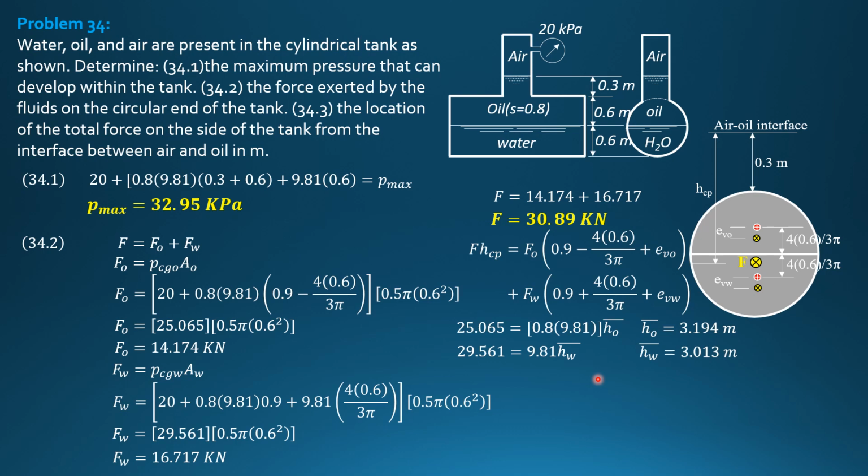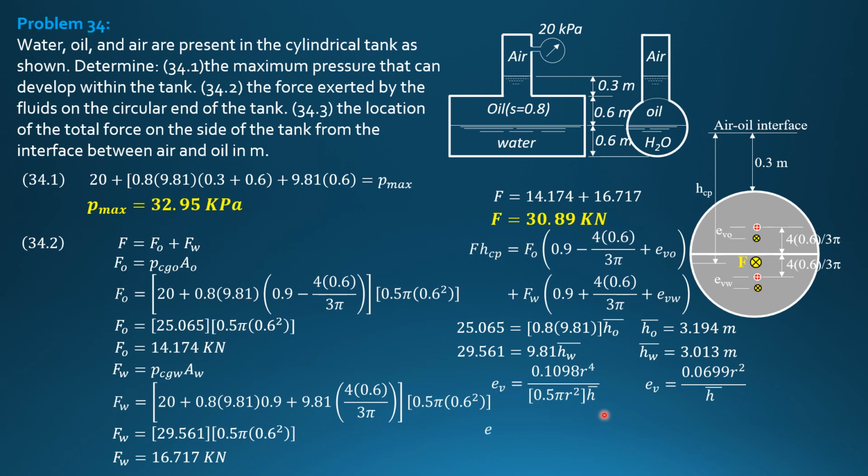Then the formula for EV for semicircle is 0.0699 R square over h bar. But let's derive it again. It is I sub CG 0.1098 R to the fourth over area 0.5 pi R square semicircle times h bar. So 0.1098 over 0.5 pi reduces to 0.0699 R square over h bar.